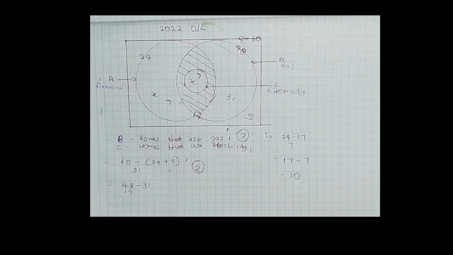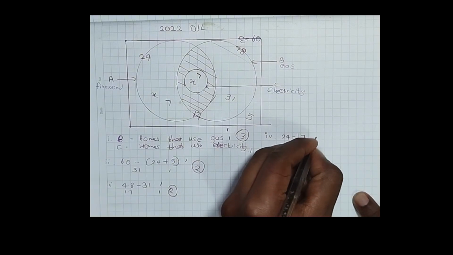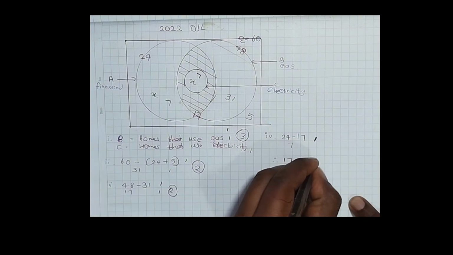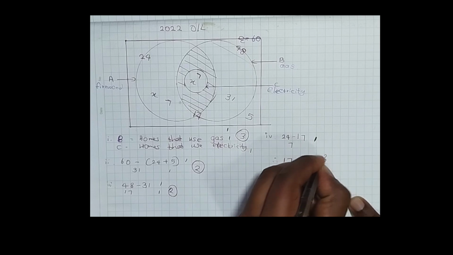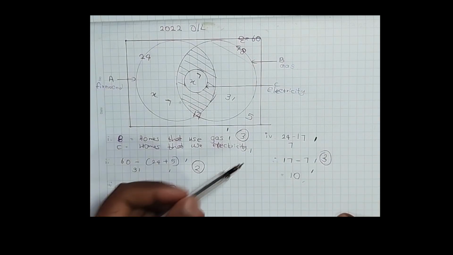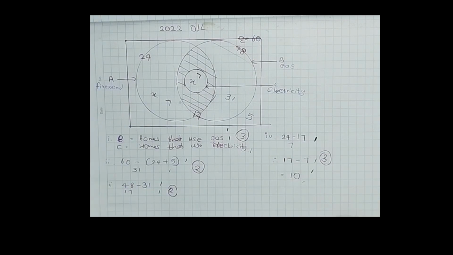And the third one also, you will get 2 marks, 1 for each. For the fourth one, you will get 3 marks for finding the value of X and those 2 steps. 3, 5, 7 and 10. Yeah, the total is 10.